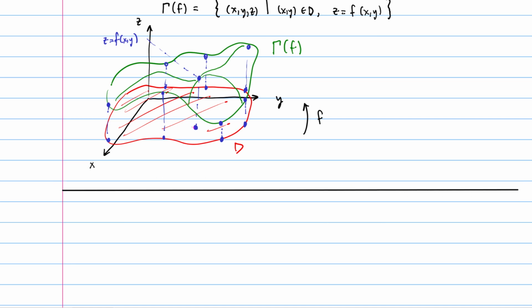Here's one for you to try. This is item number 4. What I would like you to do is take a moment and try to find and sketch the domain of the following function, and then sketch the graph for this function.